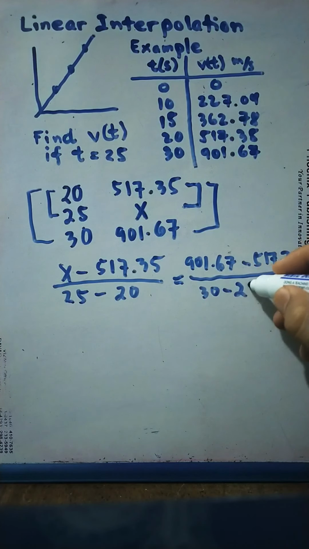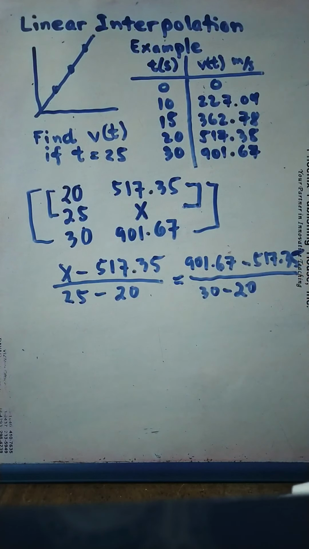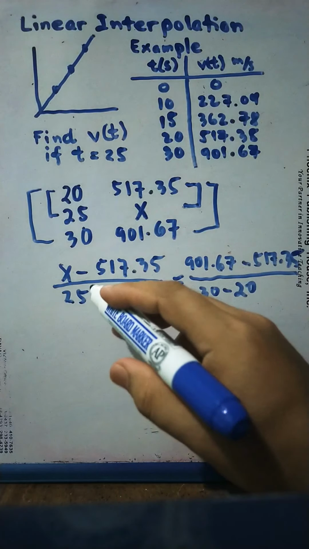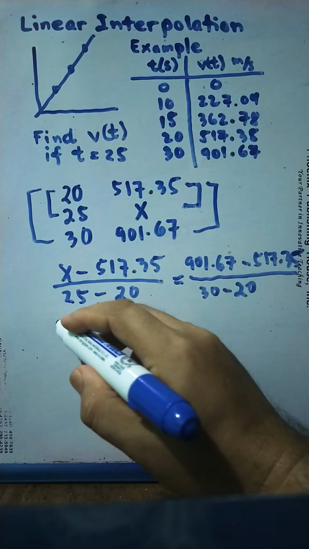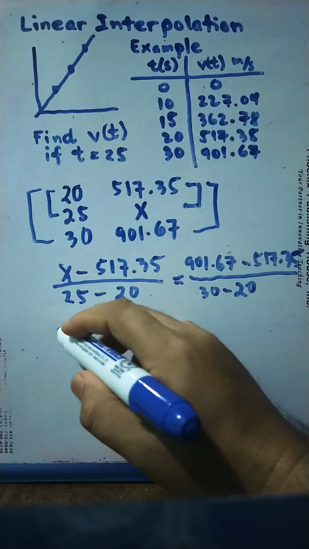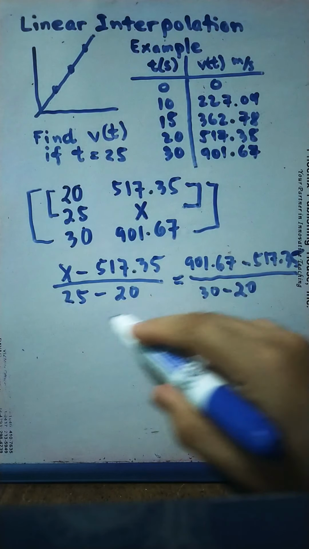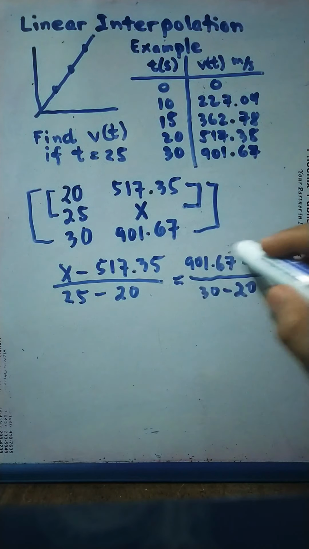So x minus 517.35, we transfer this to the other side. That is cross multiplication.